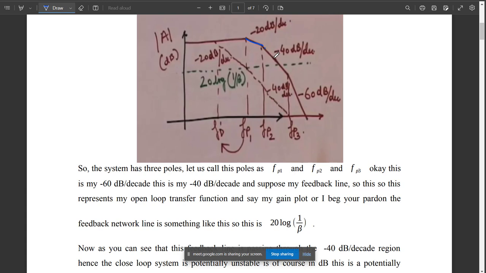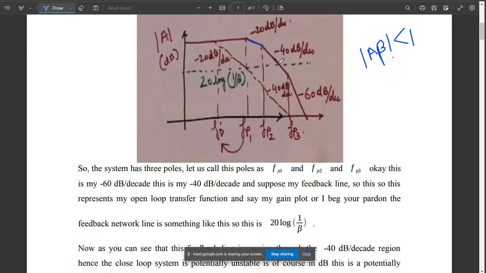All right. And how can we see that? When the gain of alpha beta in a closed loop system becomes less than minus one, then it will become unstable, right?